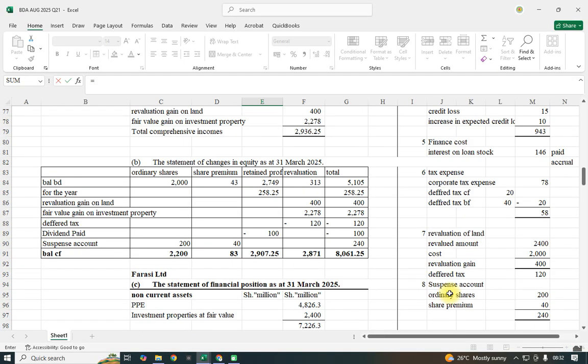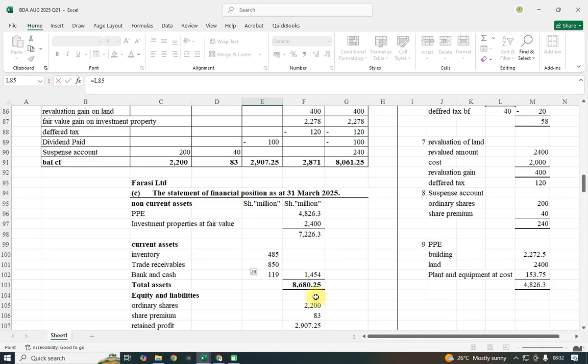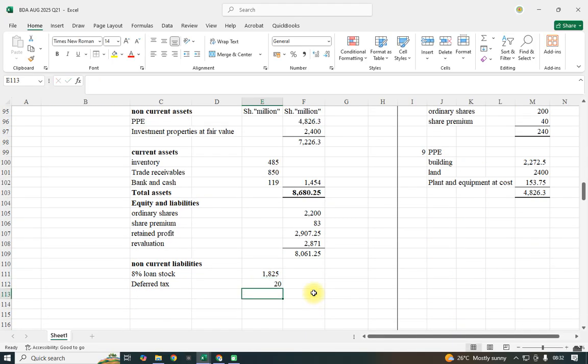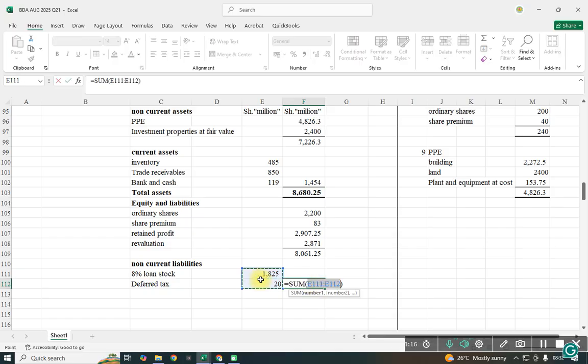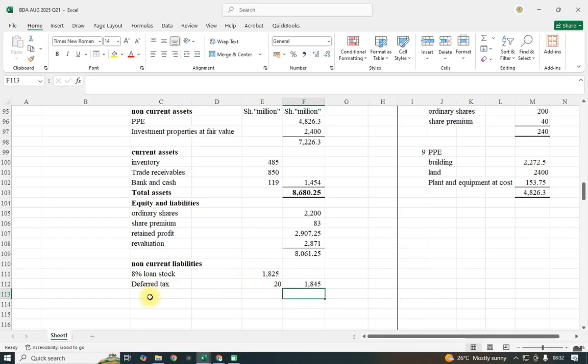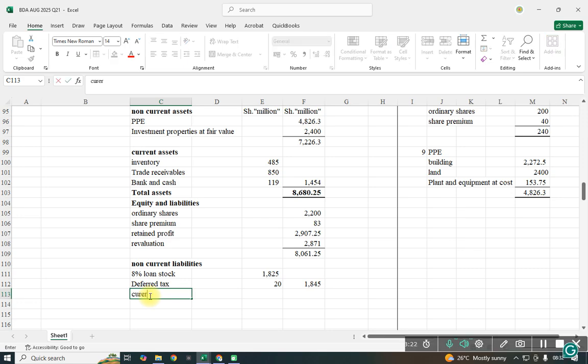We just account for the carried forward because the other one has already been accounted for under the revaluation, as a double entry for the land, so our deferred tax will only be 20.